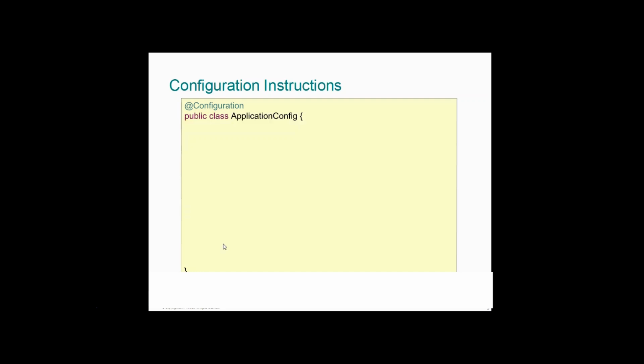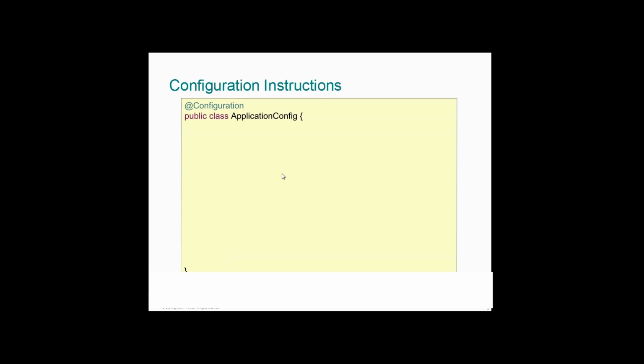So now I'm going to write the configuration instructions, using the Java configuration provided by Spring. I'm going to write one separate class, which is called a Java configuration class. This class does not have any business logic.